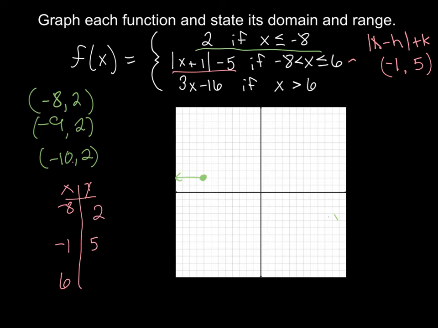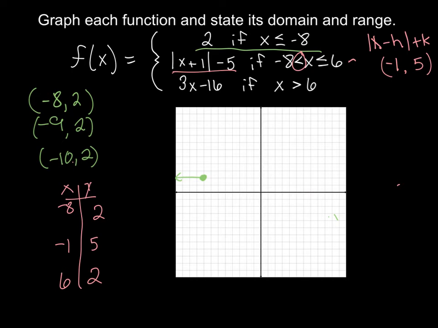And then if x is 6, you'd have 6 plus 1, which is 7. And 7 minus 5 is also 2. So if x is negative 8, now notice here we have an open circle because it's not equal to, it's only less than.